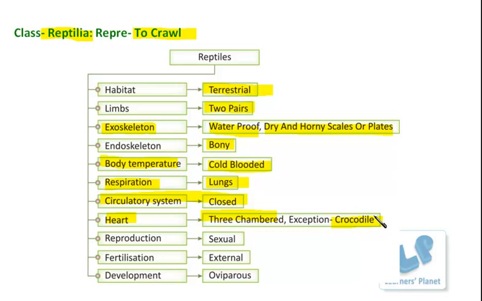Unlike amphibians, where a three-chambered heart is present and no initial separation of ventricles is observed, the separation begins in this group. So it is said that reptiles must have evolved from the earlier group.